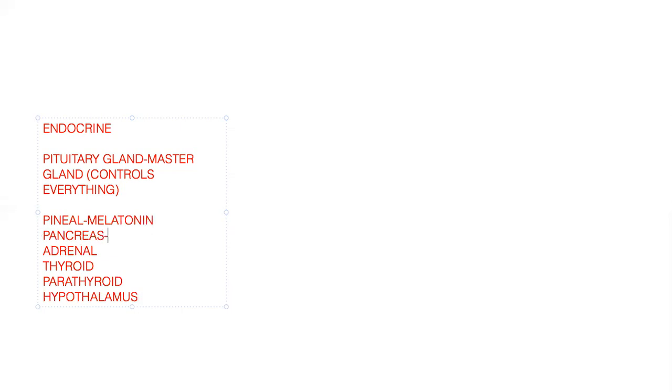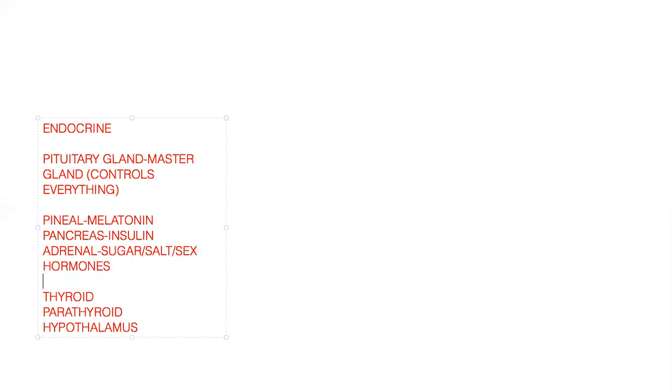The pancreas secretes insulin. The adrenal gland secretes sugar, salt, sex hormones. It also secretes epi and norepi.